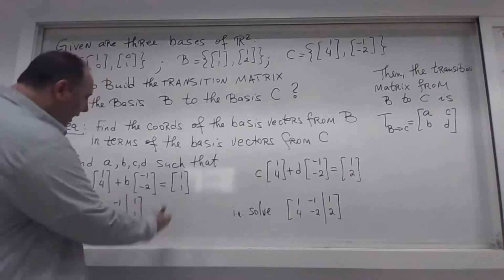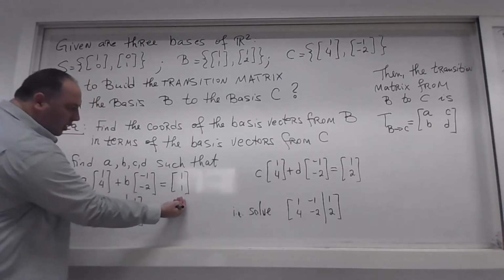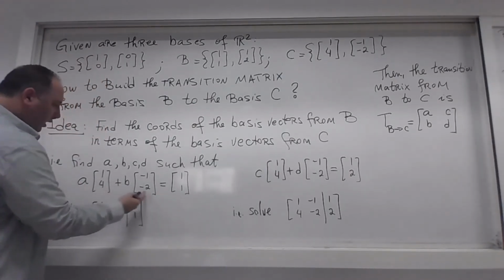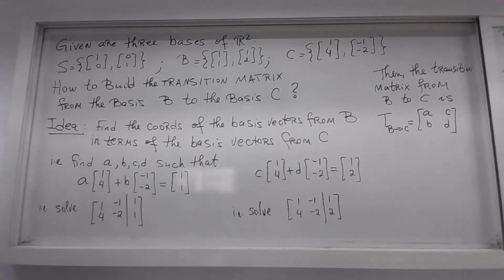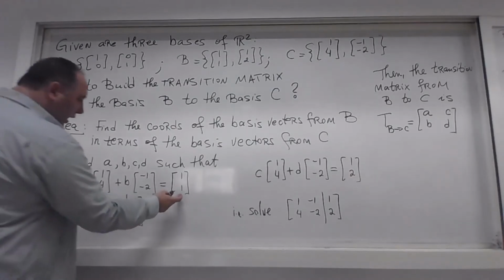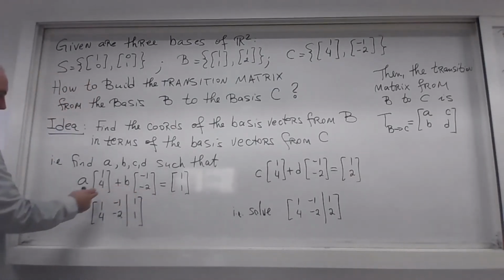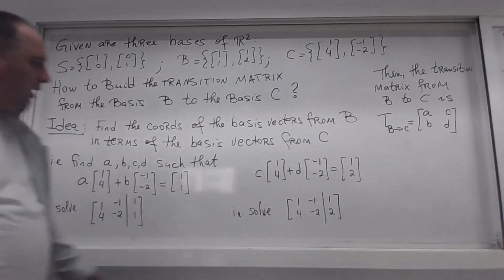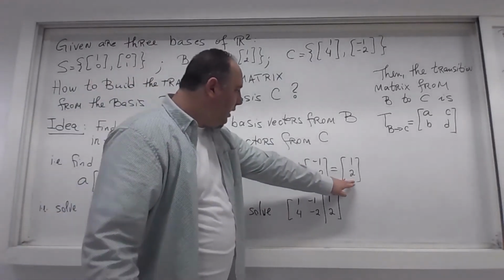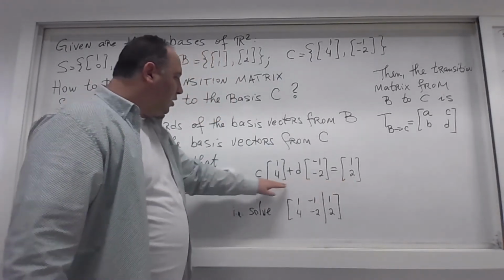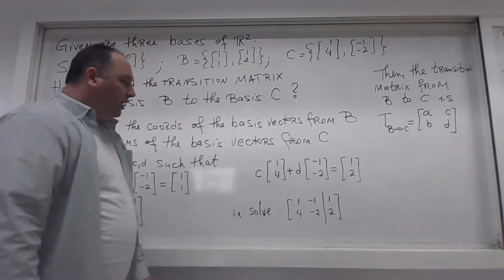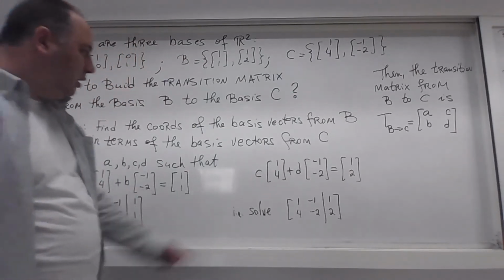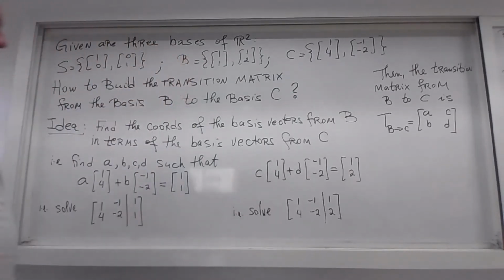This is expressing the first vector from basis B as a linear combination of vectors in basis C. Then the second basis vector from B needs to be expressed as a linear combination of vectors in basis C. So I need to solve this non-homogeneous system.